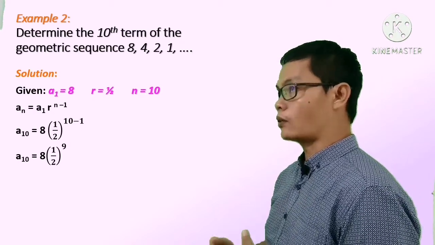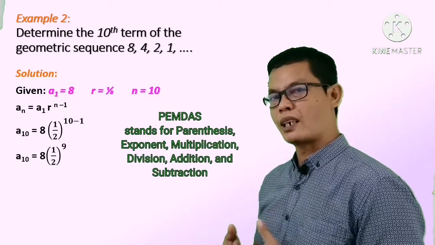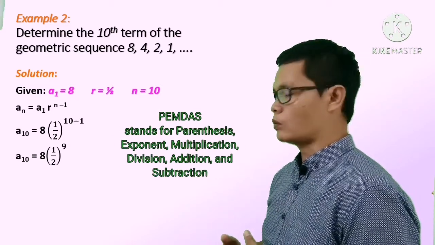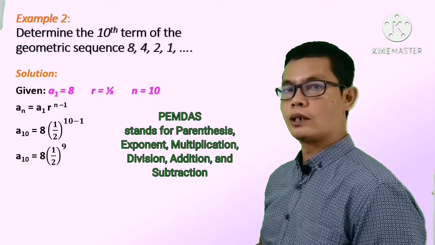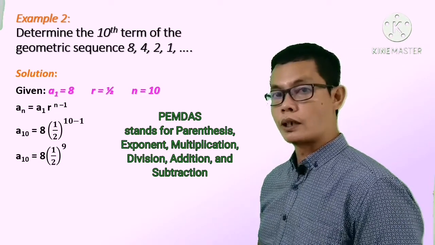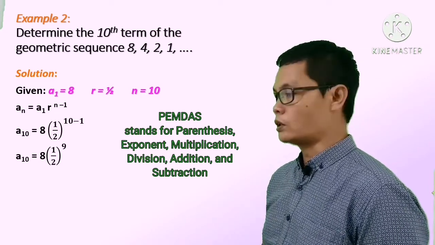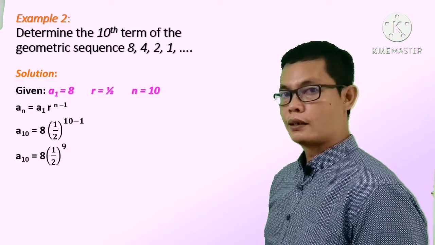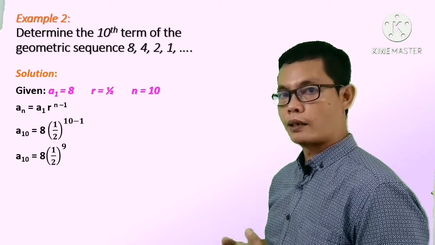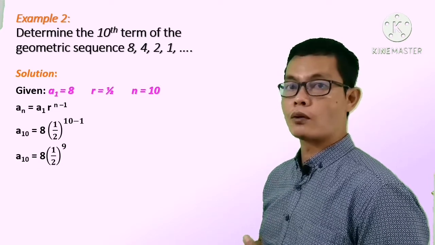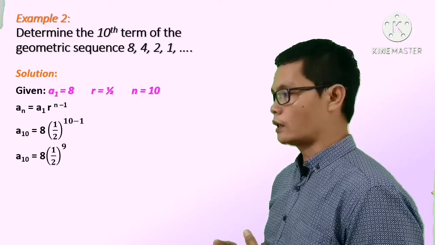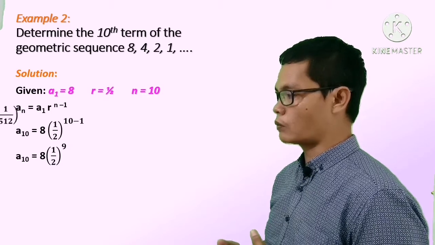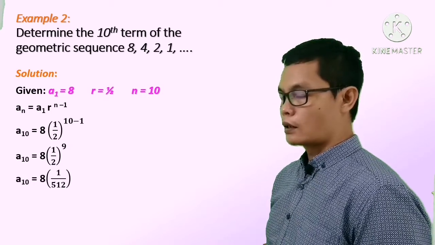According to PEMDAS or GEMDAS, mauuna yung operations ng exponent kaysa sa multiplication. So you do not multiply yet the 8 to 1/2, but instead simplify or evaluate 1/2 raised to the power of 9. Mauuna yung exponent.